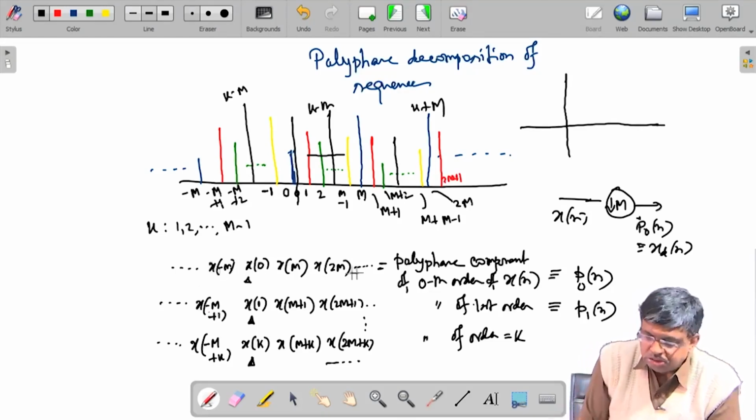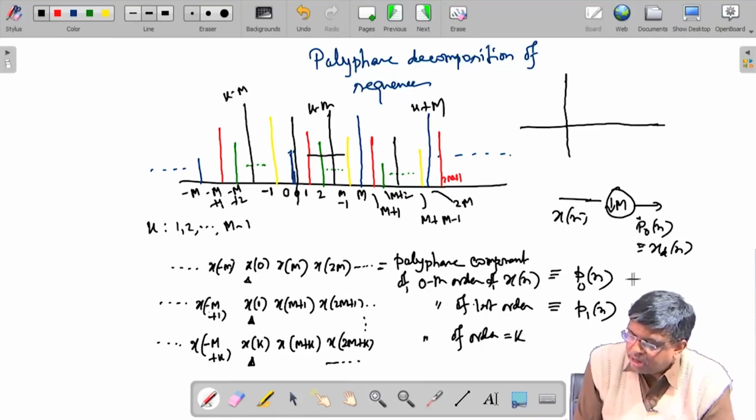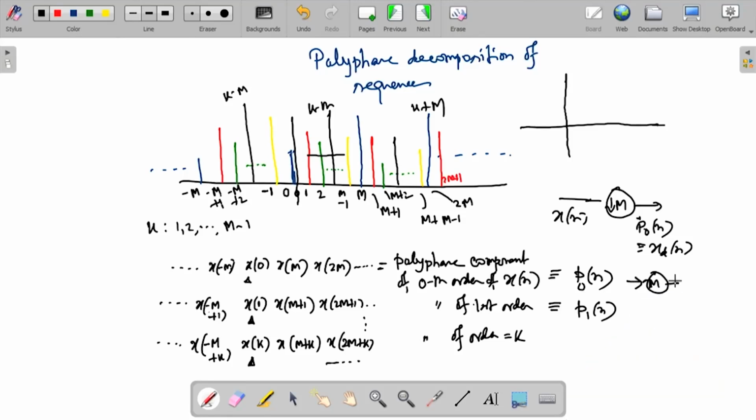First, I plot this P0[n], and I expand it by M. That means after x[0] there are M minus 1 zeros, then after x[M] there are M minus 1 zeros, and so on and so forth.